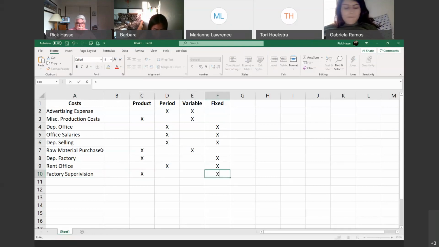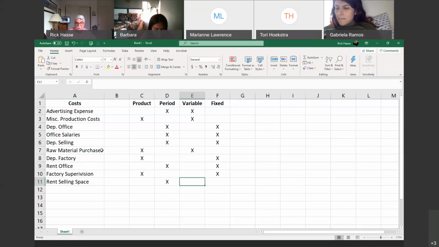Very good. Now, Tori, you have rent expense on the selling space. So that is period. And it's fixed. You are on a roll. Good job.